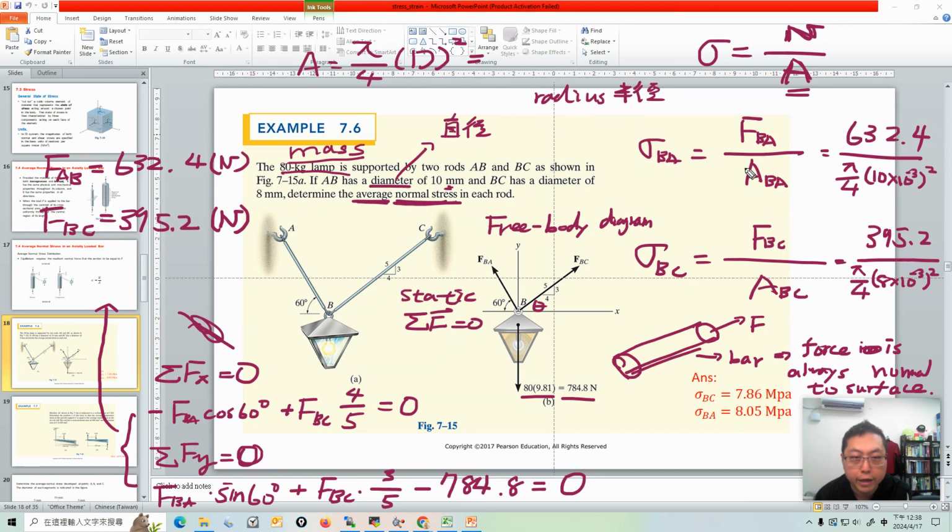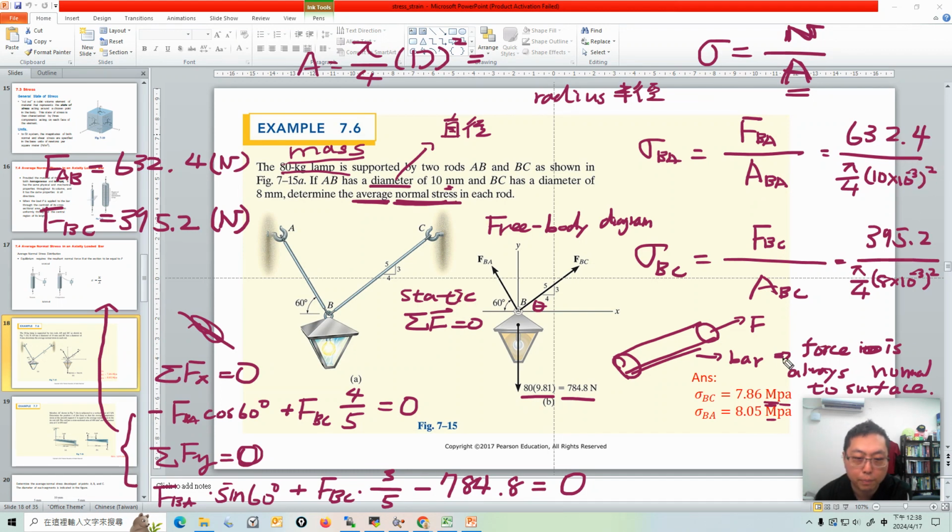For this calculation, it's better to use megapascal. This should be capital M, megapascal. Because after the calculation, the square becomes 10 to the power minus 6, and it's in the denominator, so it becomes 10 to the power 6.